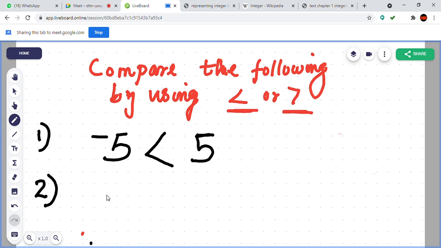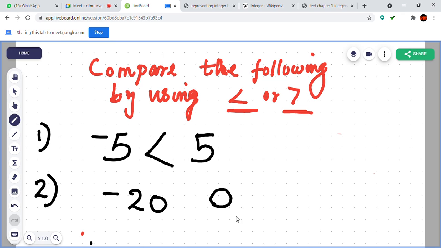Okay, now you write another question: -20 and 0. -20 and 0 are the numbers. Okay, all of you write the answer and you wait. Don't say it. Tirtha Biju, can you say?